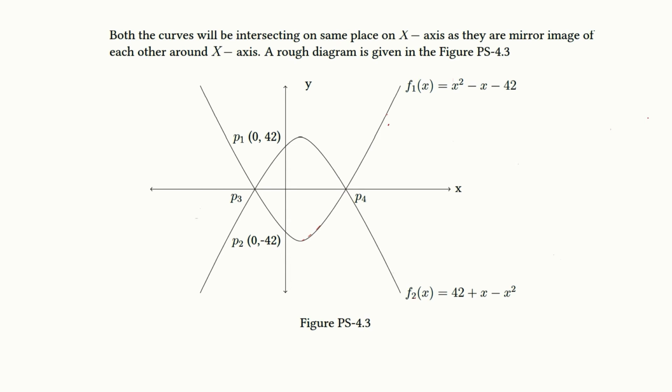And f2 of x is nothing but minus f1 of x, so that will be equal to 42 plus x minus x square. Now we have the set A, which is all the points on f1, set B is all the points on f2, and set C is all the points on both the axes.